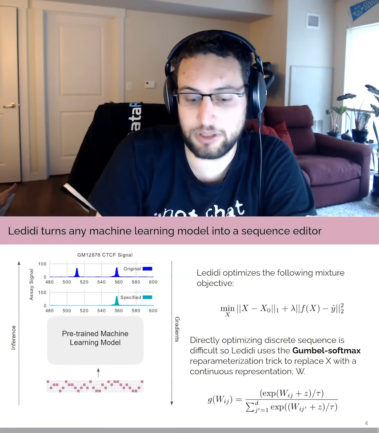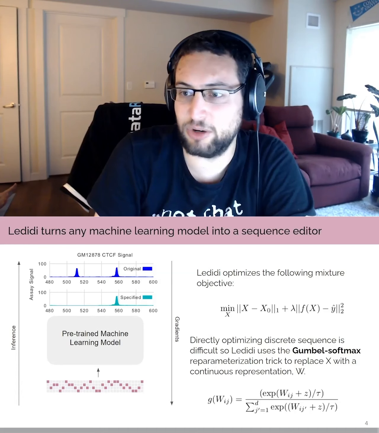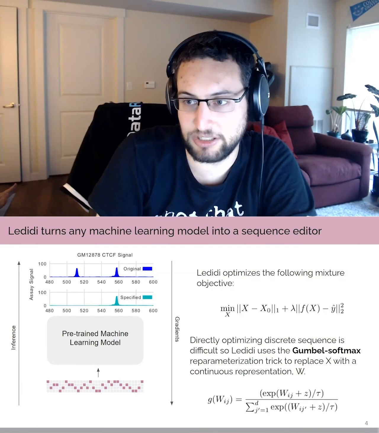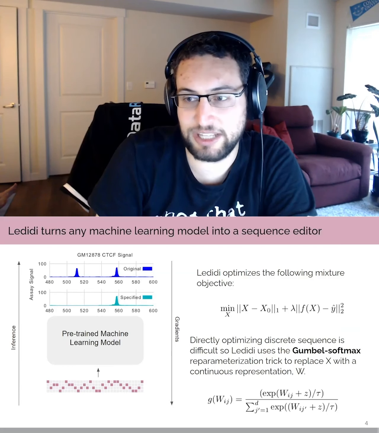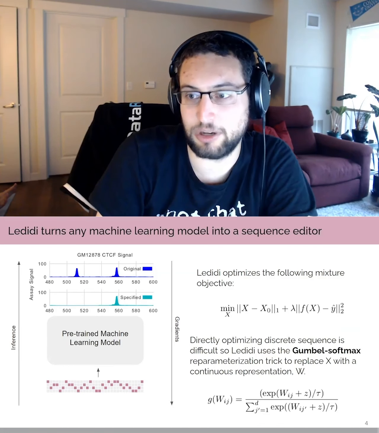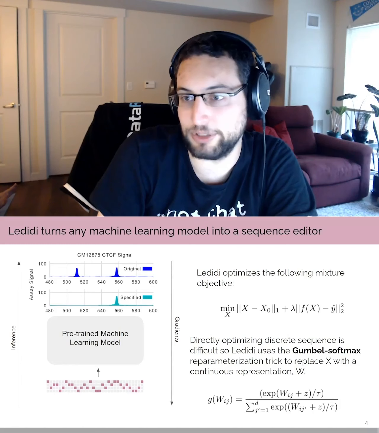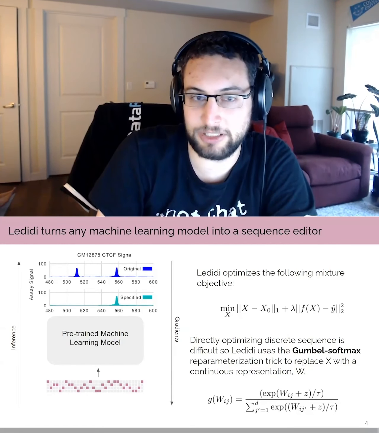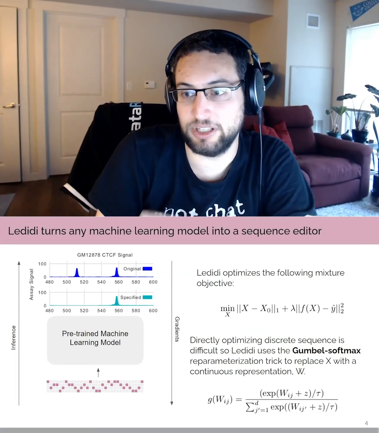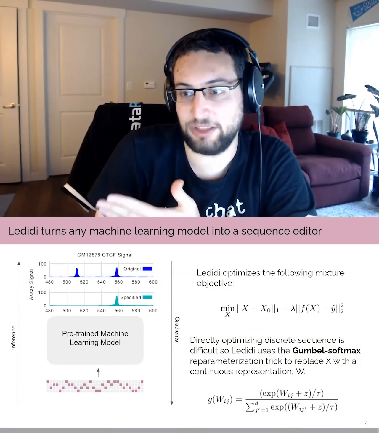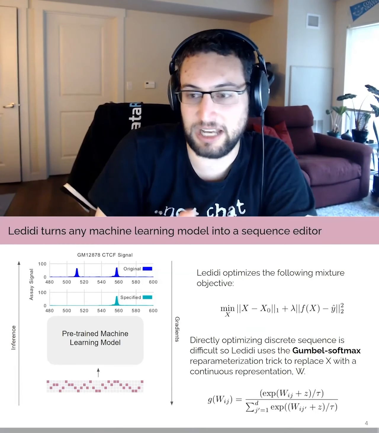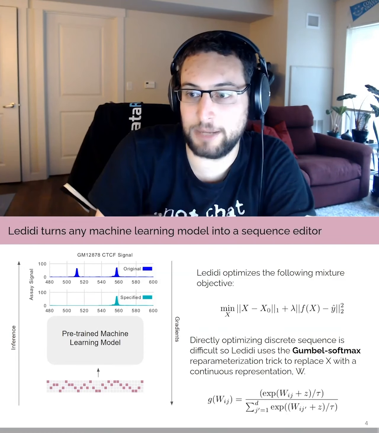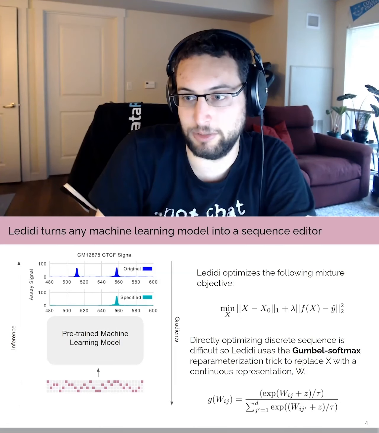There have been a few approaches that try to overcome this, but what we chose to use was the Gumbel softmax reparameterization trick. What this does is treat every position along your sequence as a probability distribution over the potential outputs. At each iteration, you use these probability distributions to sample a discrete sequence, pass that through, calculate what the output is, and then calculate the gradients going backwards, but you use those gradients to update these underlying probability distributions.